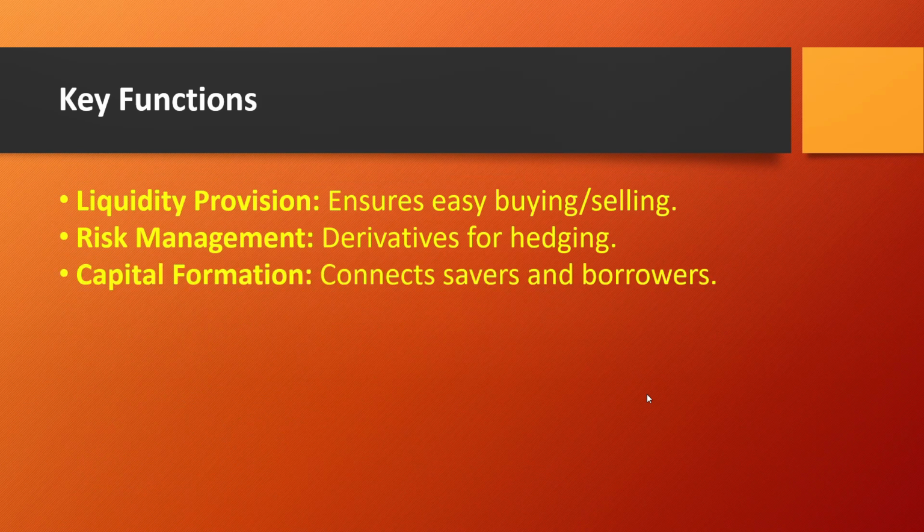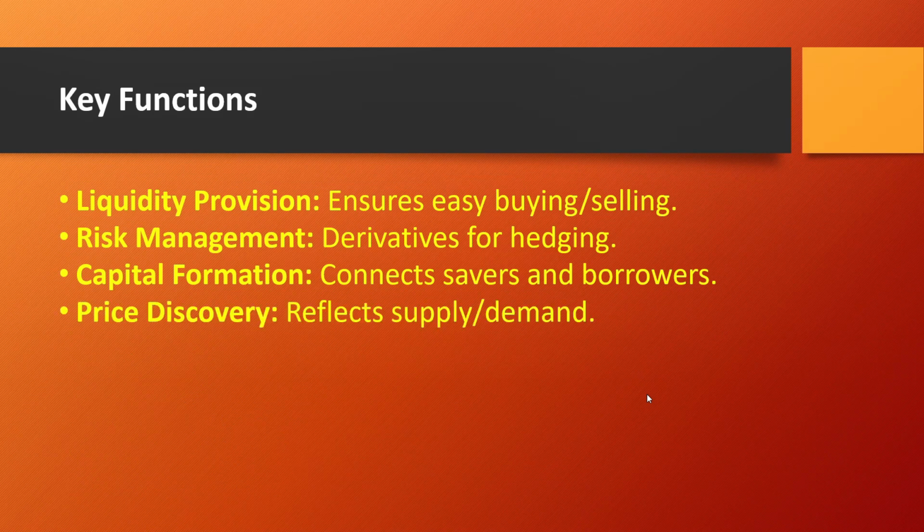Capital formation. When companies or governments need money, they issue securities like stocks or bonds. Investors buy these securities, providing the necessary capital. This is how new projects, infrastructure, and innovations get funded. Price discovery. Financial markets reflect the true value of assets based on supply and demand.